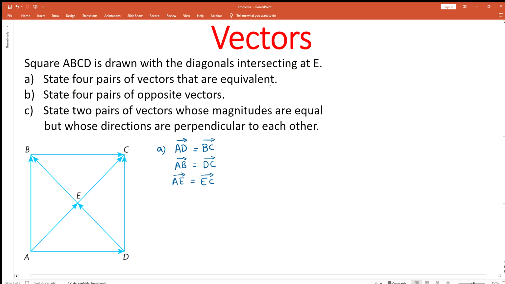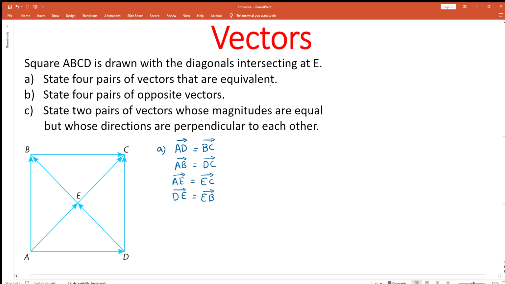Line segment EB is represented by vector EB. Since these two vectors have the same magnitude and same direction, therefore vector DE is equal to vector EB. So these are four pairs of vectors that are equivalent.